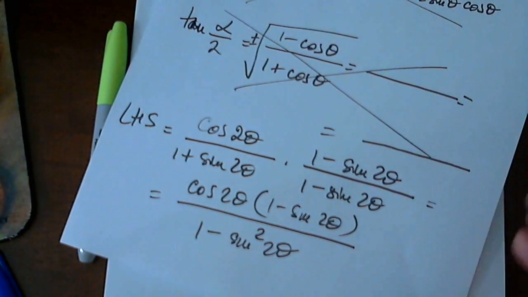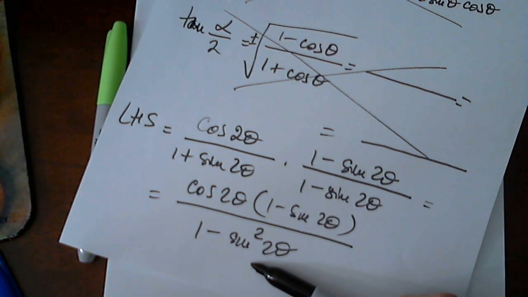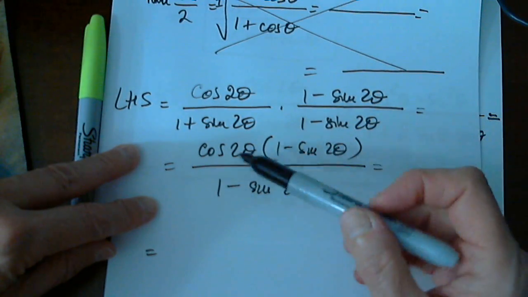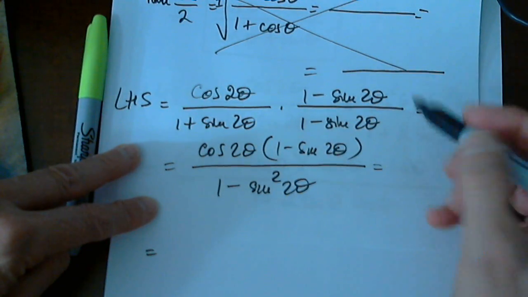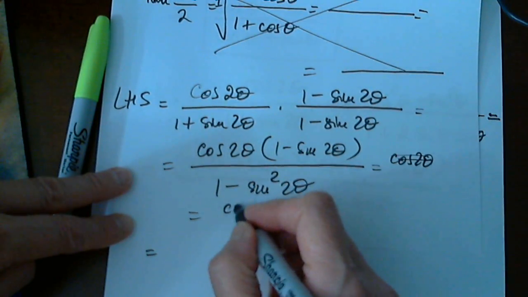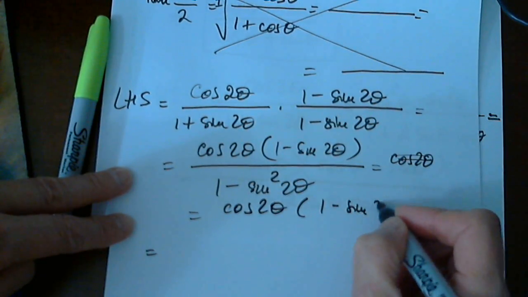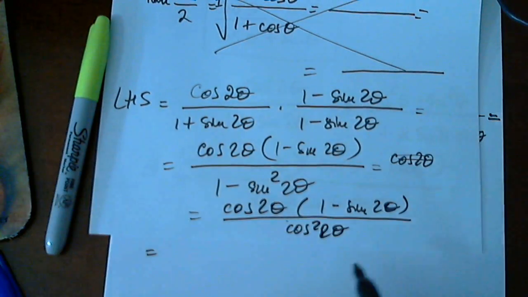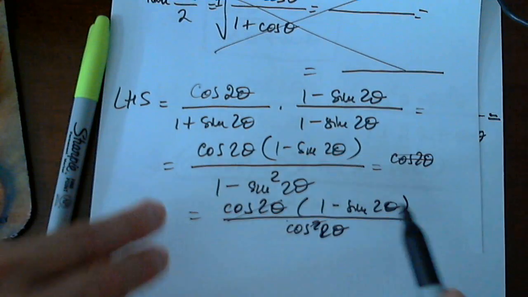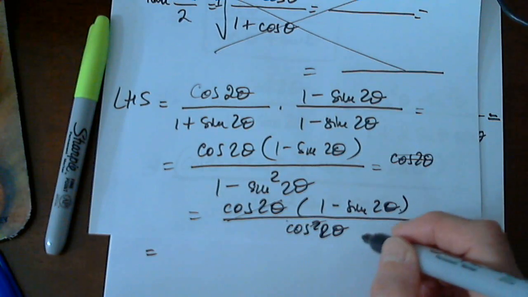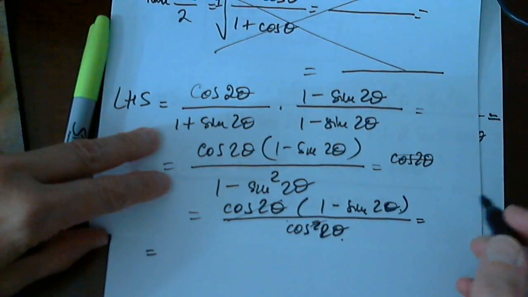If I multiply by this, I guess, so this, okay, I'm continuing here for a second. So cosine 2 theta times 1 minus sine 2 theta, the denominator is cosine squared 2 theta. I'll simplify one of these. And now I have 1 minus sine 2 theta over cosine 2 theta.